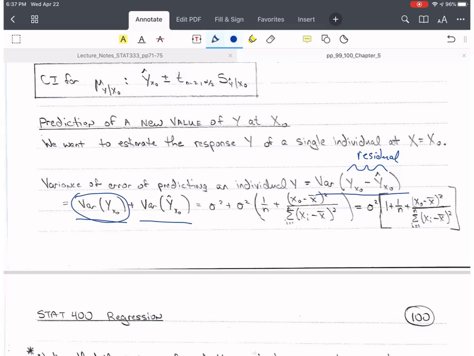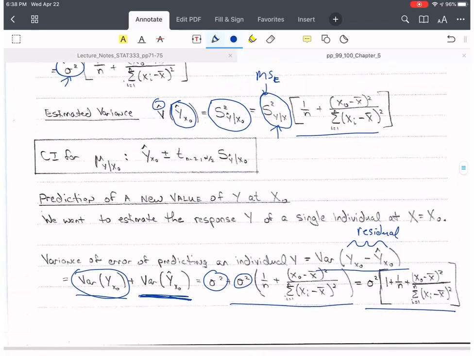The variance of y is just sigma squared, and then we have our variance of y hat, so we're adding sigma squared to our previous variance, which we just figured out above. So sigma squared is always greater than or equal to 0 at the worst. So the variance of an individual value is always larger than the variance of the mean value. Okay? So once we factor out sigma squared from both of these, we have a similar looking variance as we did here.